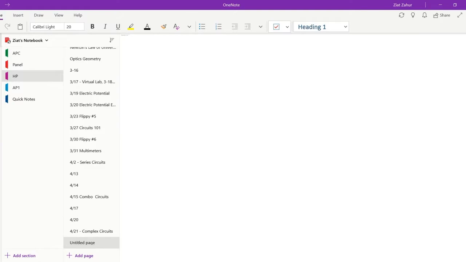Things will be pushed back by every day we're missing. We'll have to cut out some from the last unit, the magnetism unit.